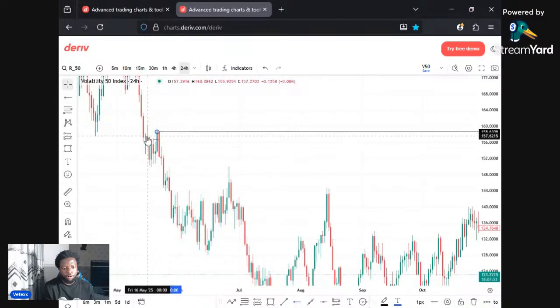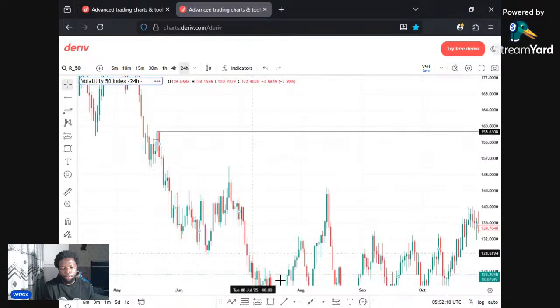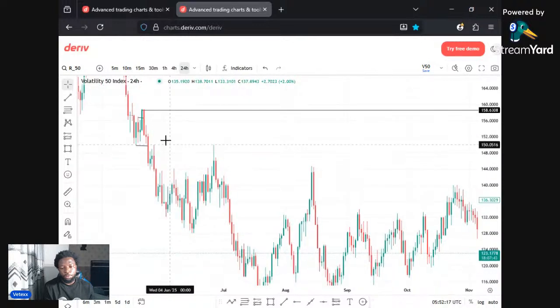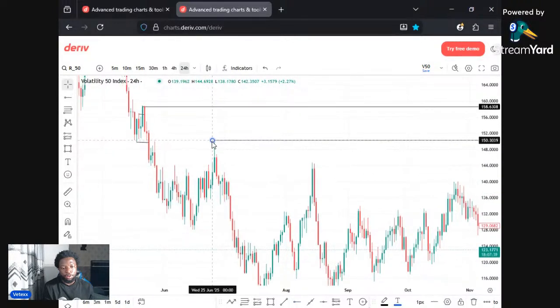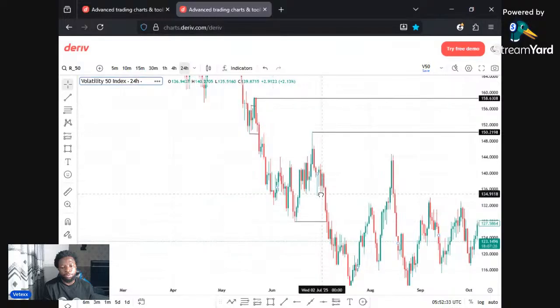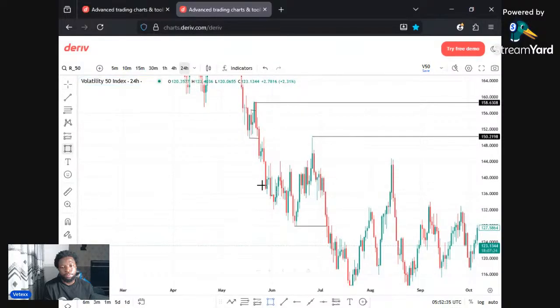Rule number two is this, the first break of structure, which is here. Rule number three, we have structural liquidity. Then we have our second break of structure, which is this, rule number four. And rule number five, price to come into this POI.